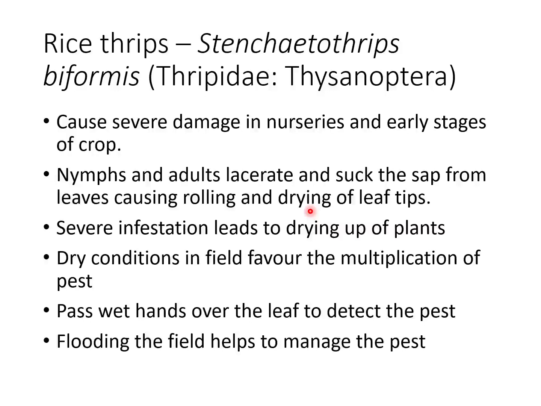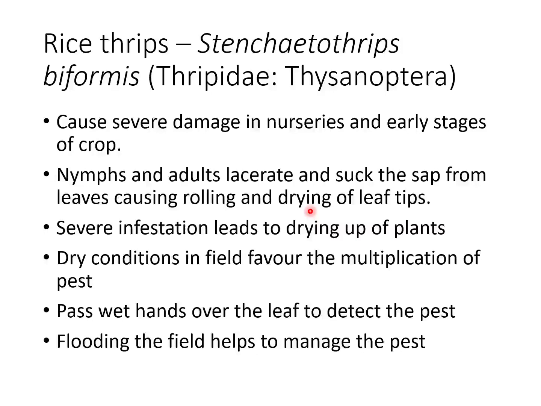In Kuttanad area, sometimes thrips infestation is very severe, and the normal recommendation given to farmers is to go for flooding of the crop, because in Kuttanad and kole lands there won't be any scarcity of irrigation water, because these rice fields contain a good amount of water, and you can go for flooding of the field to manage this pest.